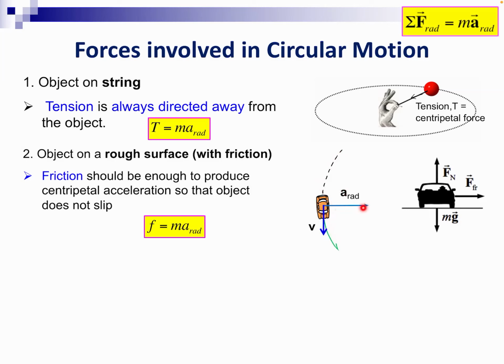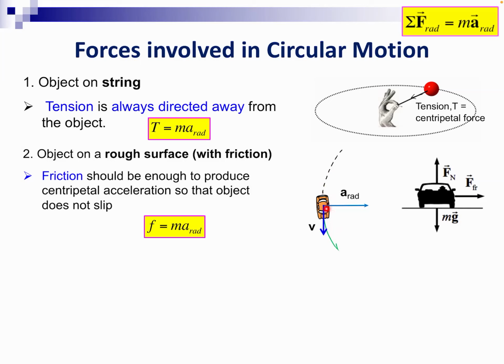A good example of this is a car turning on a flat bend with a rough surface. The car should have this radial acceleration that will make it turn around the bend, instead of losing the turn or not making the turn and slipping through the bend.